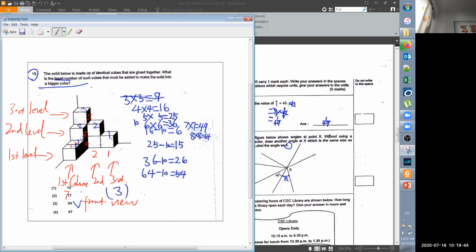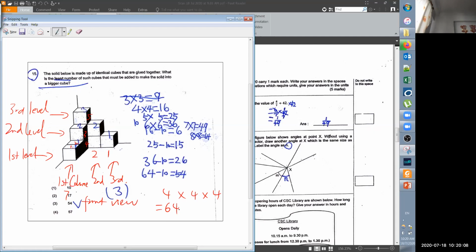So now the question becomes pretty simple, right? You need to form a cube. So what this means is you have this 1, 2, 3, 4. So that means you should form a 4 by 4 by 4, right? That will give you 64.